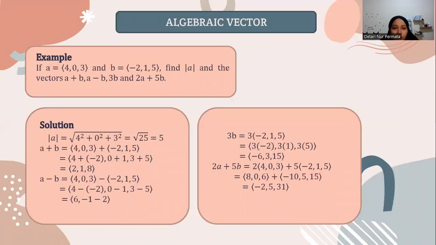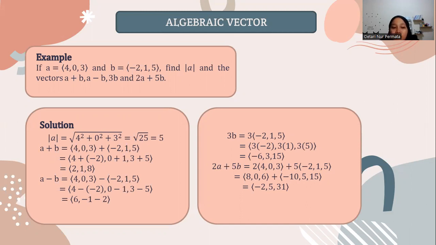For example, if a equals ⟨4, 0, 3⟩ and b equals ⟨-2, 1, 5⟩, find |a| and the vectors a plus b, a minus b, 3b, and 2a plus 5b. Solution. |a| sama dengan akar 4 kuadrat tambah 0 kuadrat tambah 3 kuadrat sama dengan akar 25 sama dengan 5. a tambah b: ⟨4, 0, 3⟩ ditambah ⟨-2, 1, 5⟩ dapat hasilnya ⟨2, 1, 8⟩.